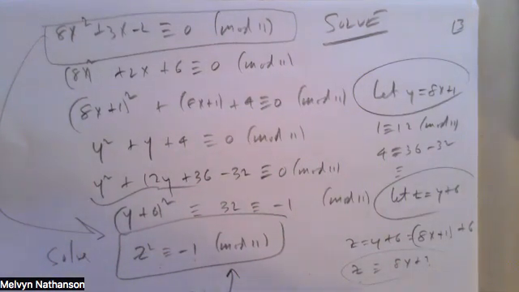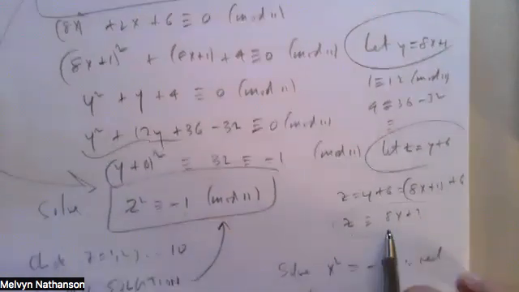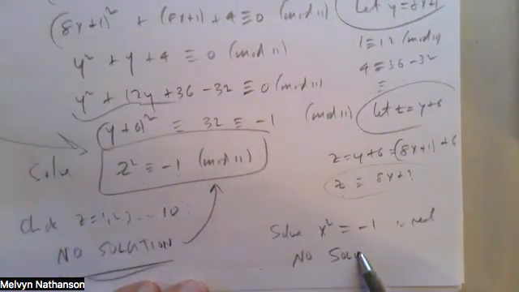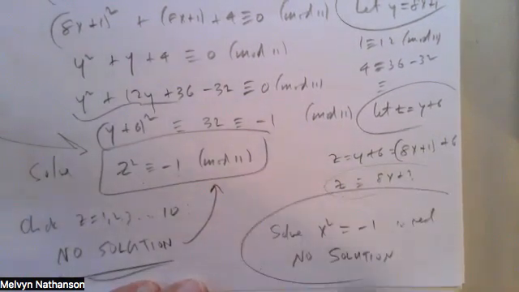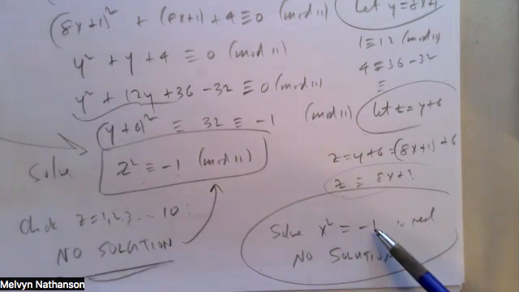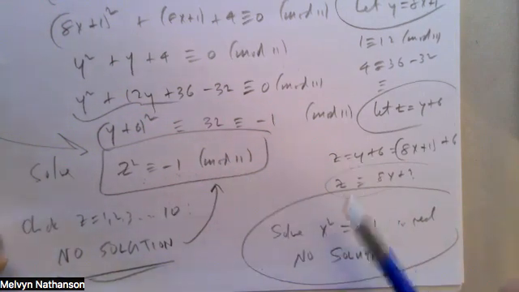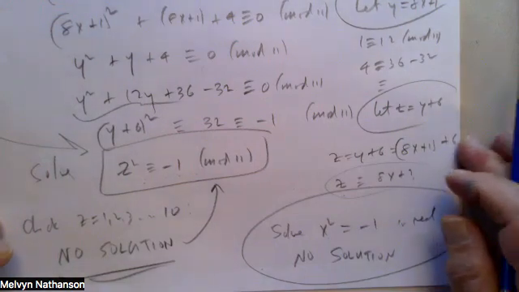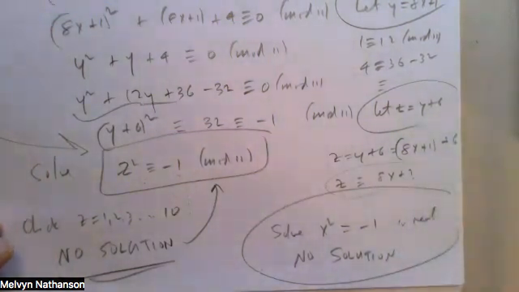If you had to solve the equation x squared equal minus 1 in the real numbers, there's no solution, right? Because in the real numbers, the square is always positive or 0. So similarly, mod p, a quadratic equation may or may not have a solution.